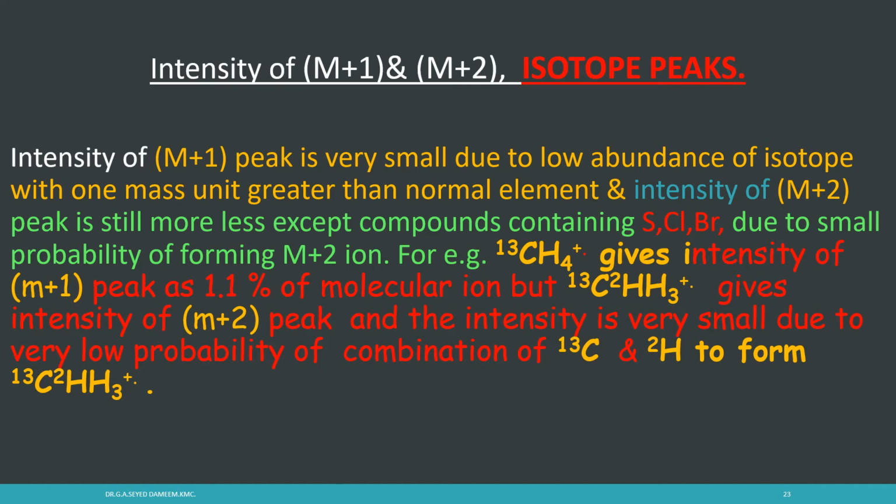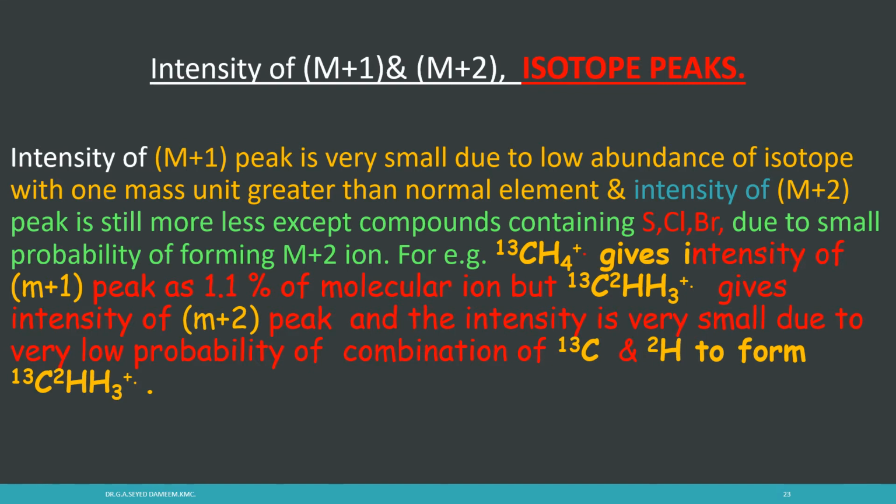If you take methane, CH4 plus dot is the molecular ion, and the C13 isotope with H4 plus dot ion is the M plus 1 ion. This ion forms at about 1.1 percent of the molecular ion, because carbon-13 exists as 1.11 percent.